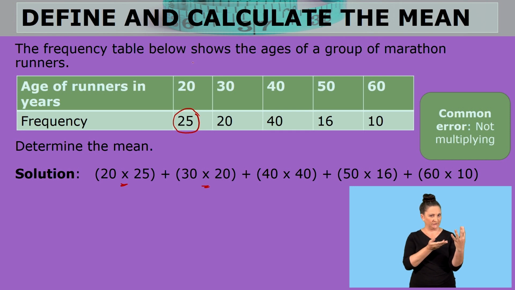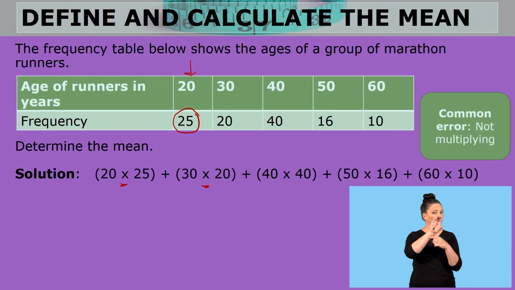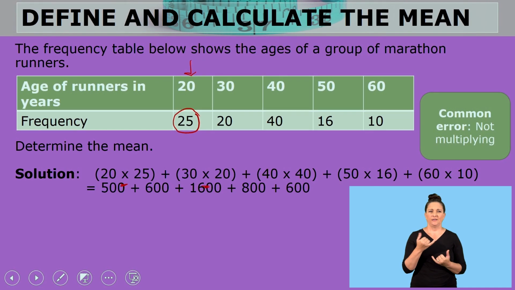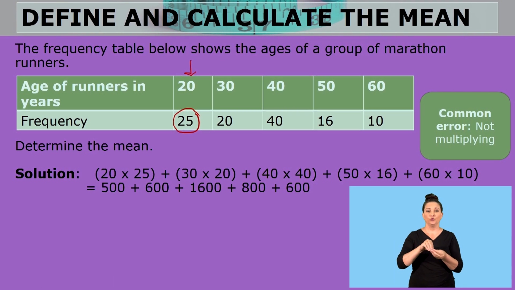So to find the actual totals of all of this, you have to take the frequency and multiply it by what's above it. In this case, the age of runners in years. So we multiply those. Next step, we get a total there of 4,100.